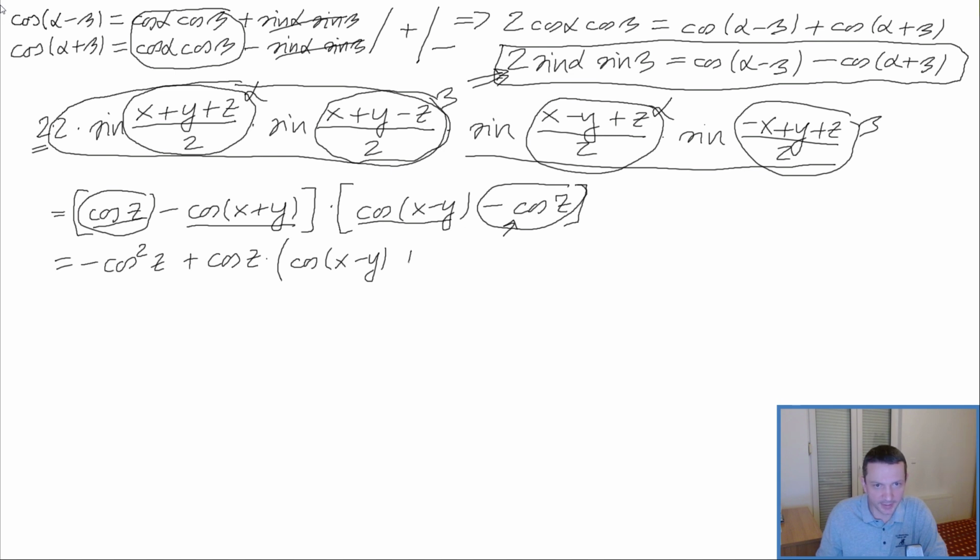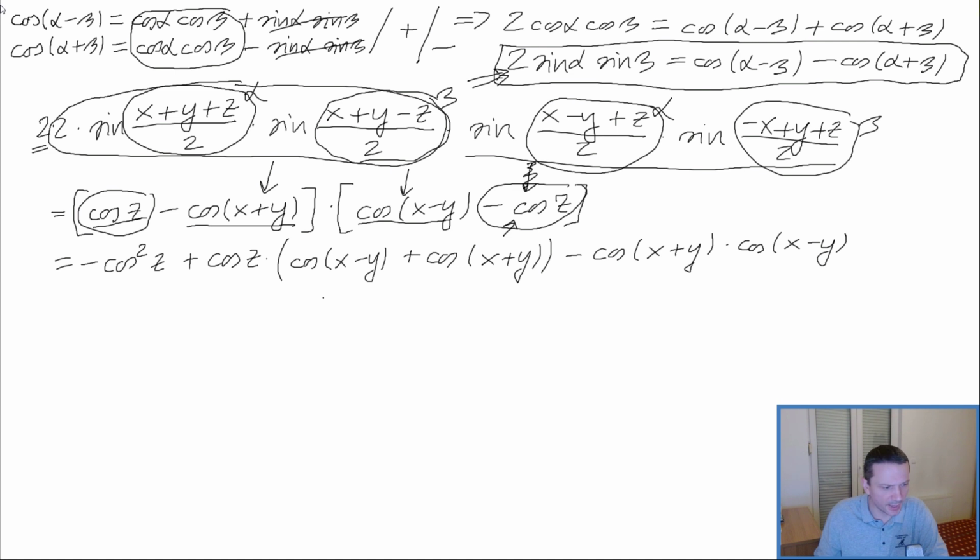We will obtain plus cosine of x plus y. And also by multiplying the second term in the first bracket and the second in the second pair of brackets, we obtain minus cosine of x plus y times cosine of x minus y.